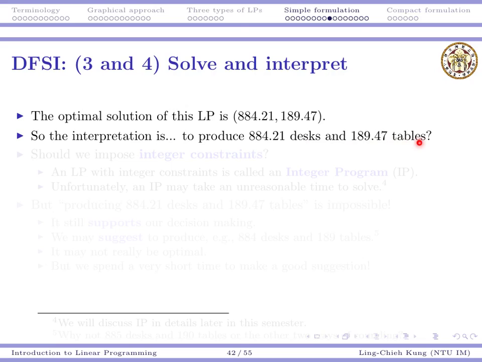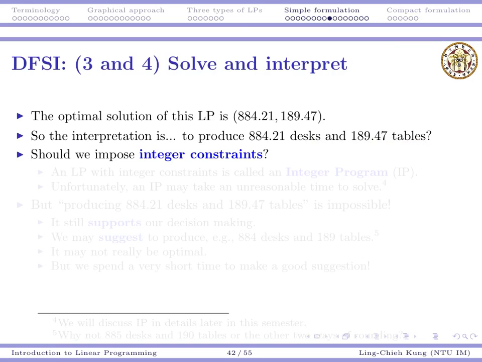Is that possible? It's impossible, right? We cannot produce a fractional number of desks and a fractional number of tables. So in some sense, our formulation is not so perfect. Our formulation may generate an optimal solution that cannot be executed.